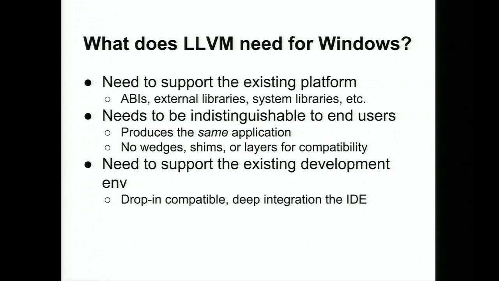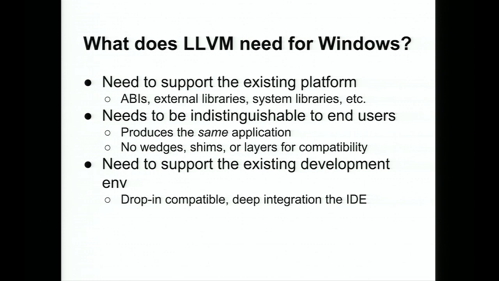And you really want to be able to produce an application that is indistinguishable from one that the Microsoft compiler might have produced. End users shouldn't care about this kind of thing. It shouldn't be visible that you've got other funny DLLs present, doing emulation or that kind of thing. It should just really be the same application at the end of the day.